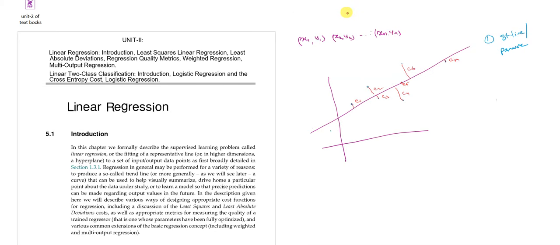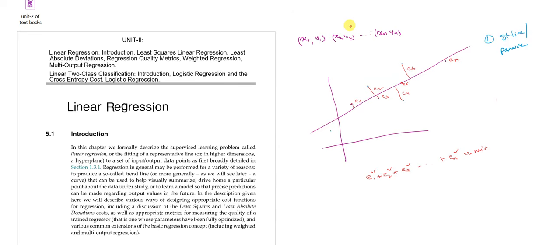So what I'm checking is e1 square plus e2 square plus e3 square and so on plus en square, which is a minimum. That means I check that the sum of the squares of the errors is a minimum.